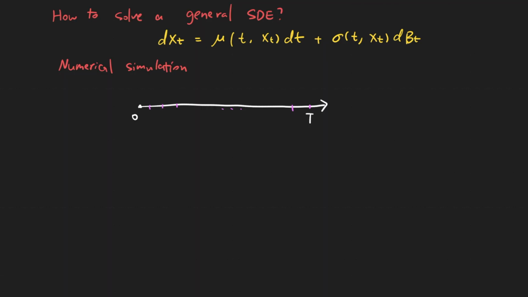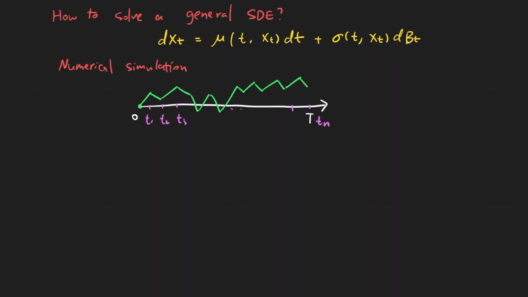And then we can just sample the change of the process, and that will give us a stochastic path. Let me denote these intervals as T1, T2, T3, all the way to Tn.